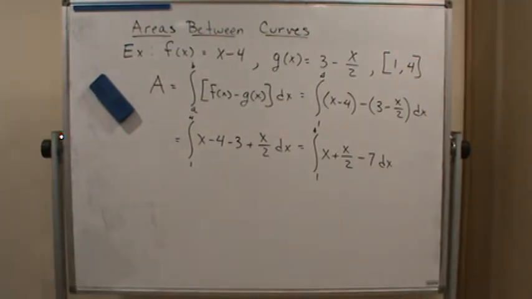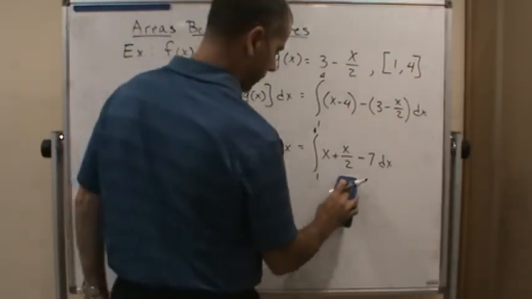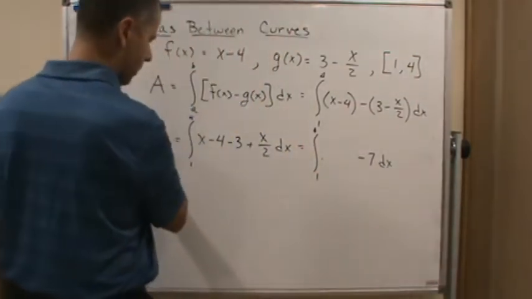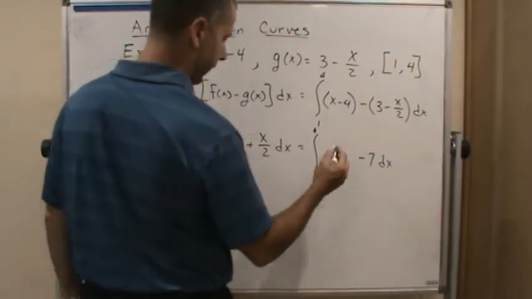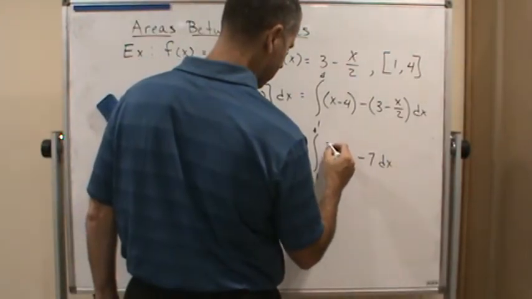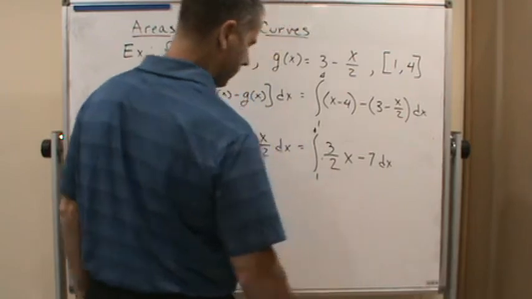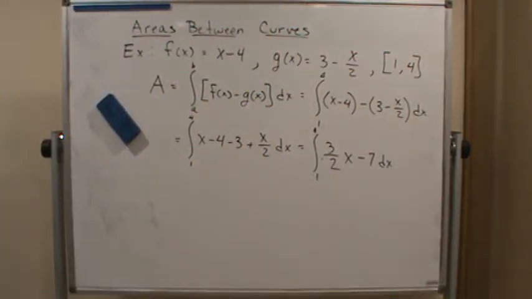And of course, this becomes 3 halves x. Oh, did I write this down wrong?